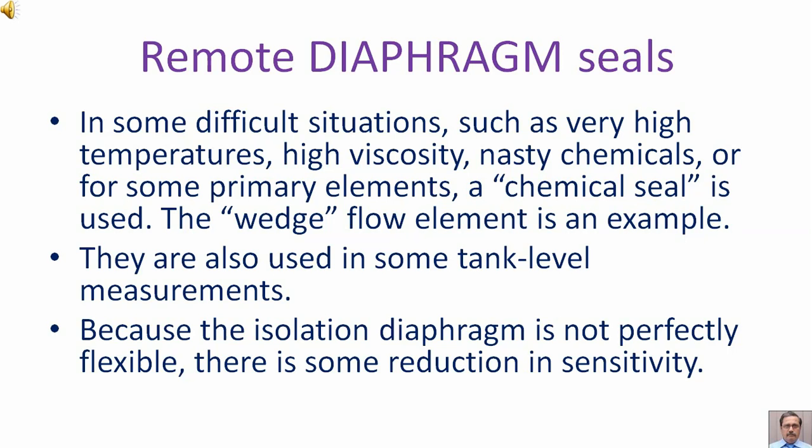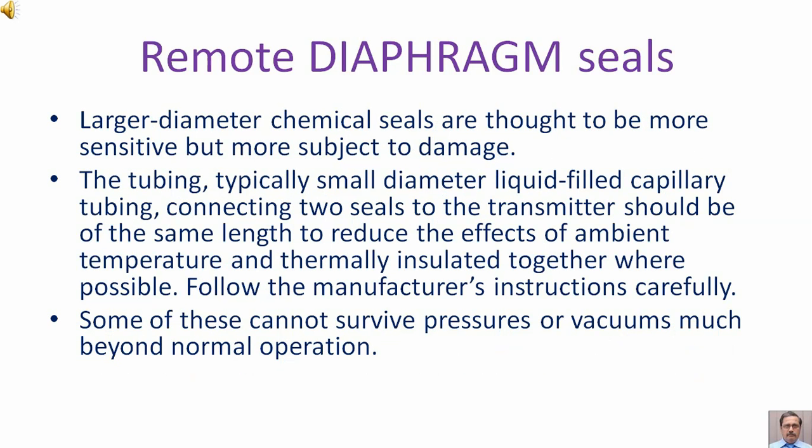They are also used in some tank level measurements. Because the isolation diaphragm is not perfectly flexible, there is some reduction in sensitivity. Larger diameter chemical seals are thought to be more sensitive but more subject to damage.